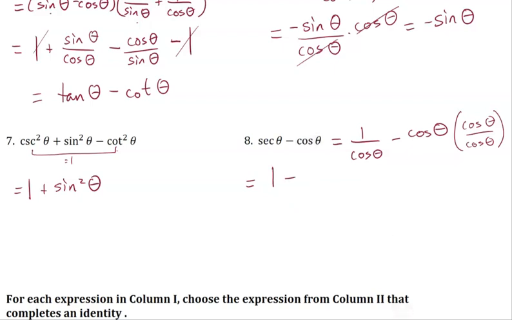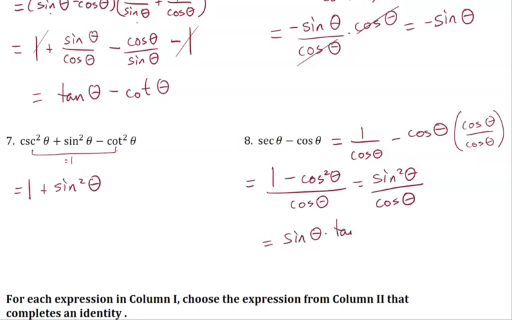So 1 minus cosine squared, that's where that goes, all over cosine theta. Okay, 1 minus cosine squared theta is equal to sine squared theta. Okay, and at this point, sine squared over cosine is nothing. Sine over cosine, though, is tangent. And then I have a sine left over. So I'm going to write this as sine theta times tangent theta to get rid of the fraction.